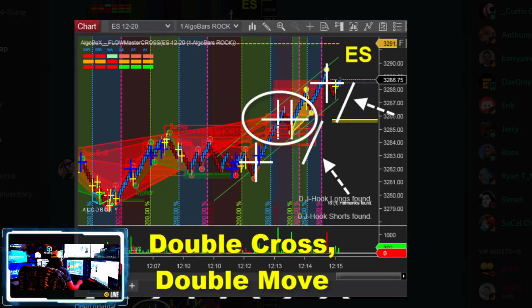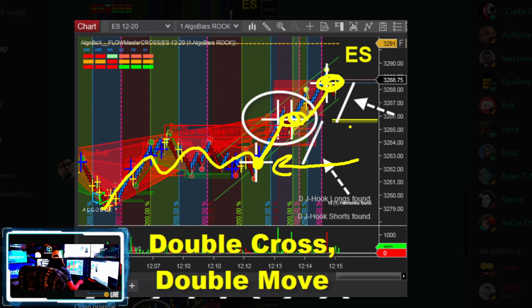Rather than a pivot, remember how I told you guys there are scenarios where you're going to get some movement up into an area, but then all of a sudden you see a cross, which could be a pivot. Like if you just kind of covered this part of the screen and didn't see this, and you just substituted pivot for cross, single cross up to double cross, boom, there we go, money, right?